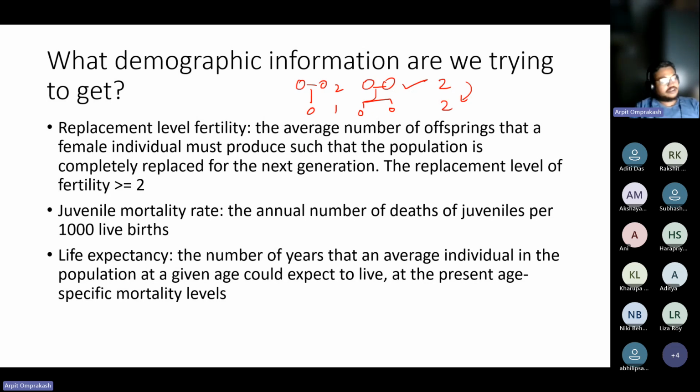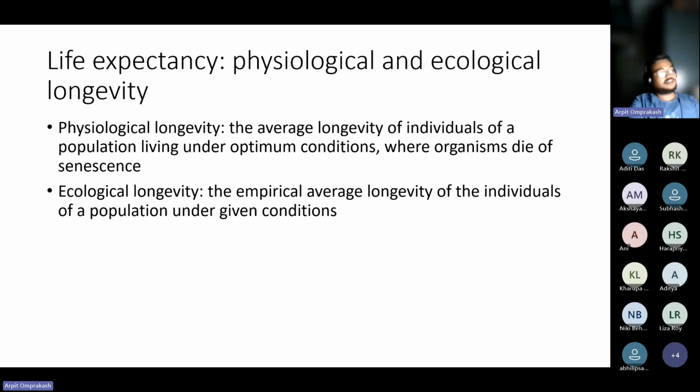Then juvenile mortality rate, which is basically the number of deaths of juveniles per 1,000 live births. Life expectancy, which is basically the number of years that an average individual in that particular population can be expected to live. Right. When we talk about life expectancy, there are two factors. One is physiological longevity, the other one is ecological longevity. So physiological longevity is the average age or longevity of individuals of a population living under optimum conditions where individuals are dying of senescence.